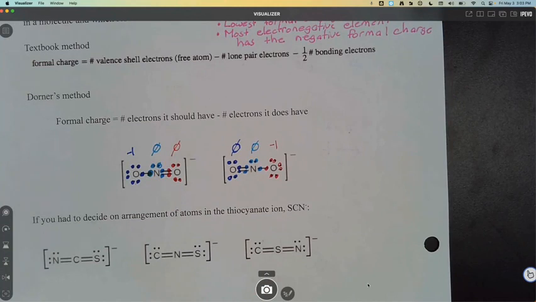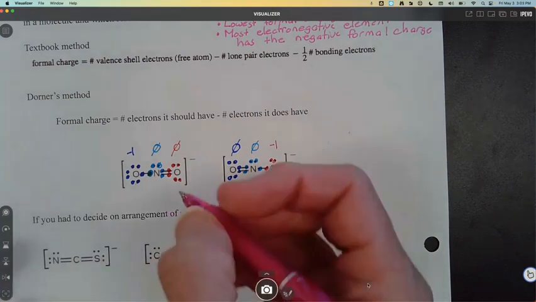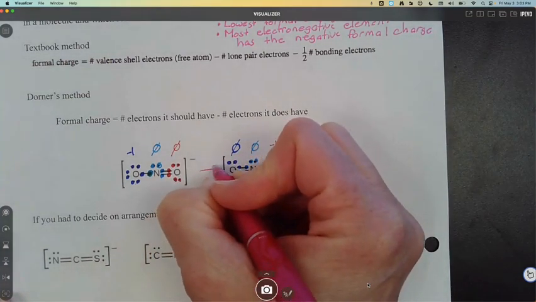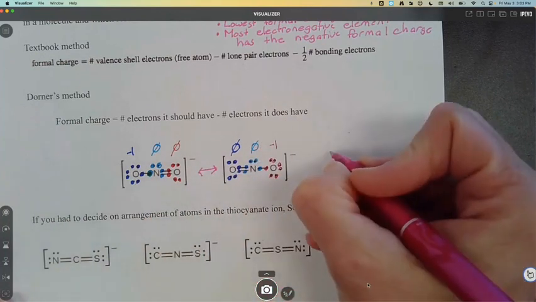When I look at these two structures, I realize that they are in fact equivalent to one another. In both cases, I have 2 zeros and a -1. In both cases, the -1 lands on the oxygen. Therefore, if I have to decide if these are equivalent or not, these two are equivalent.